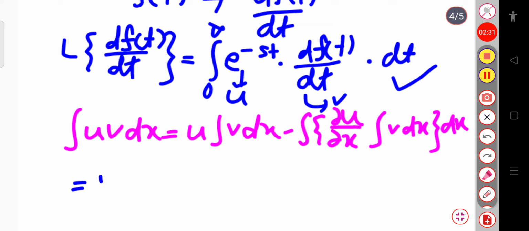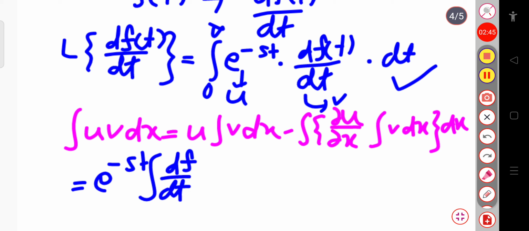This will be exponential minus st into the integration of v dx. V is here df by dt, so this will be df divided by dt, and in place of dx I will write dt. This will be dt minus, again, the integration of dou u by dou x.